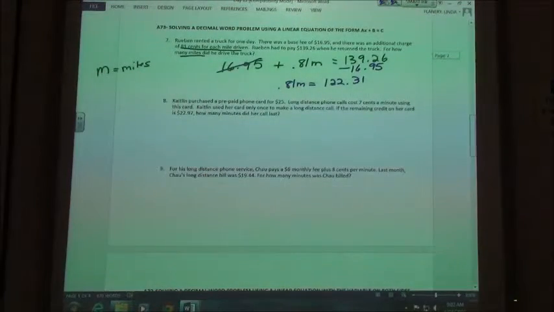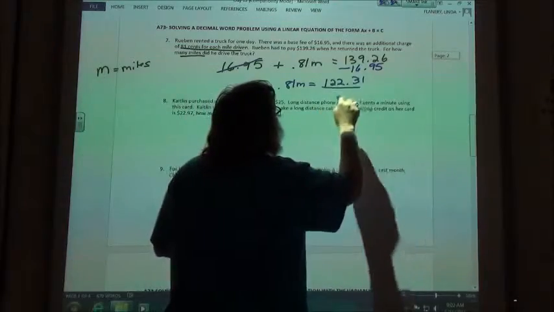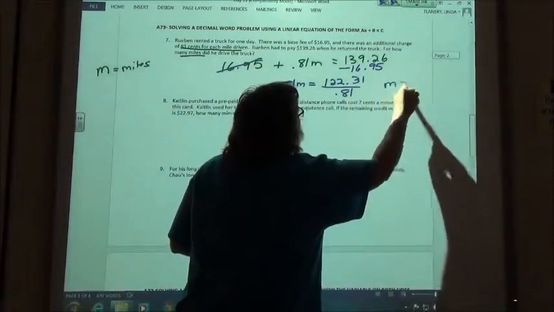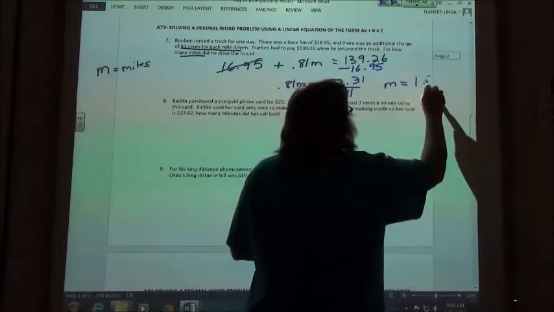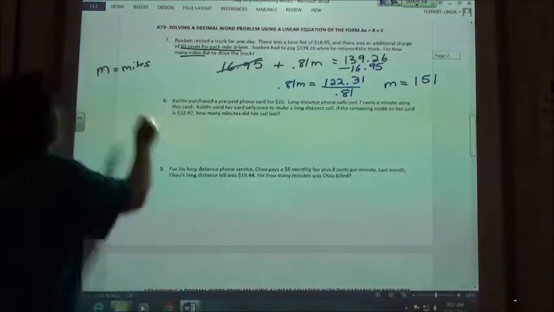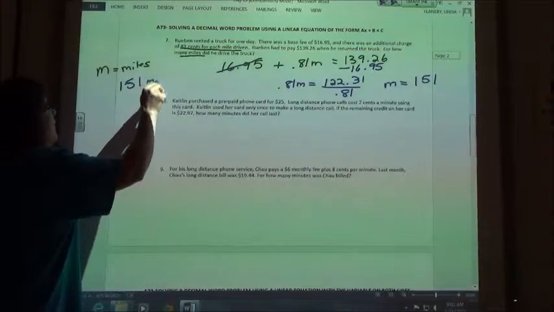And then, of course, to solve it for M, I'm going to divide by the 81 cents. So M is going to equal 151. So how many miles did we drive the truck? 151 miles.